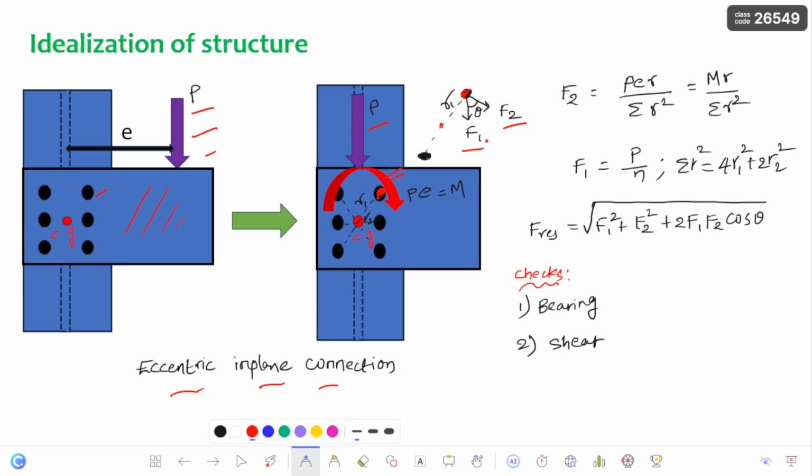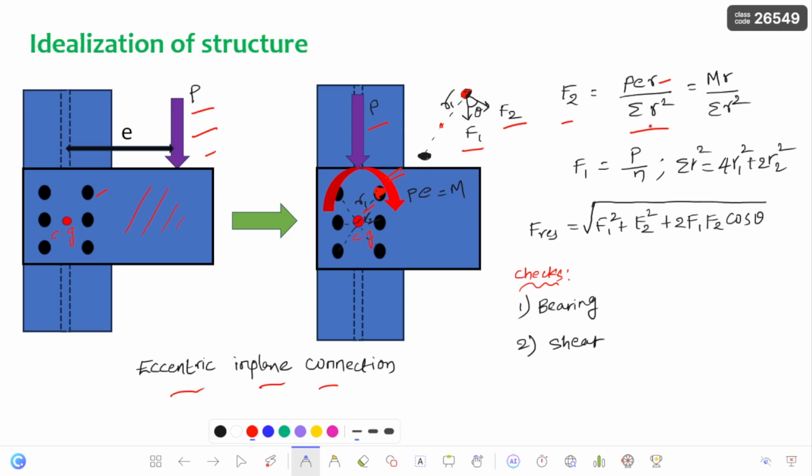The formula for F2 is PE into R by summation of R square. For this extreme bolt, R1 is the radial distance from the CG of the bolted group to the center of the bolt. I have to substitute this R1 in place of R for finding the F2 force in the extreme bolt.